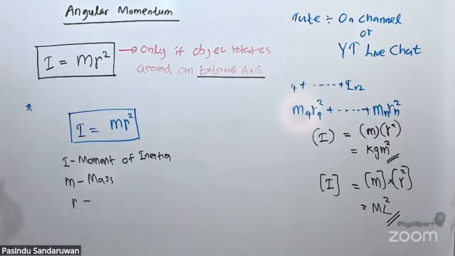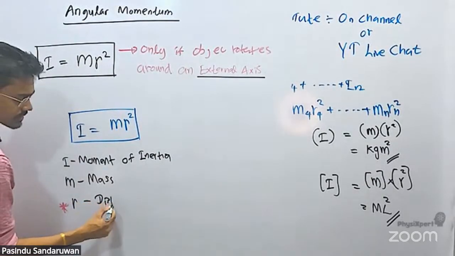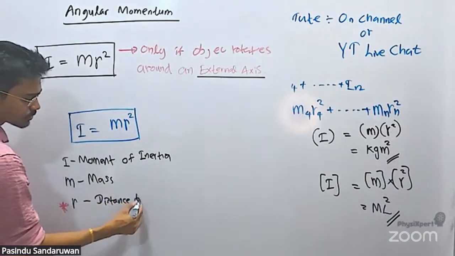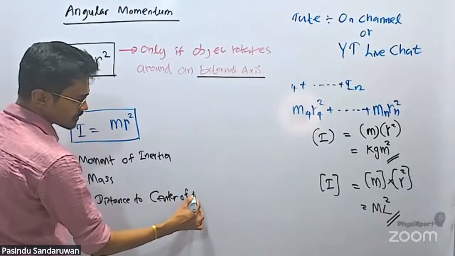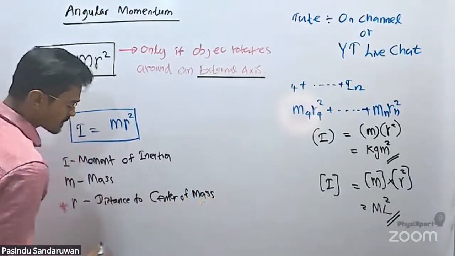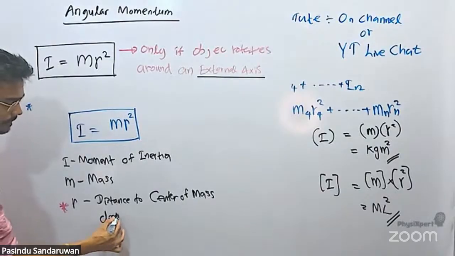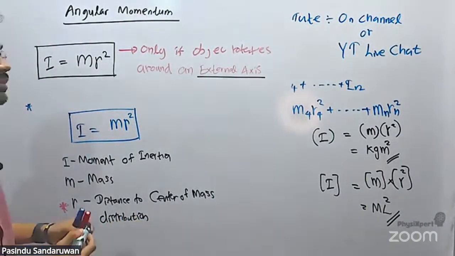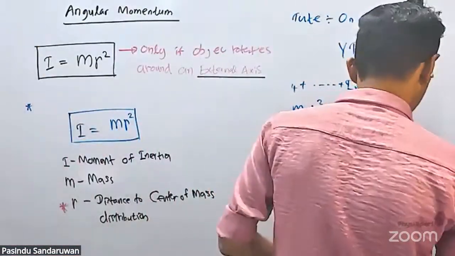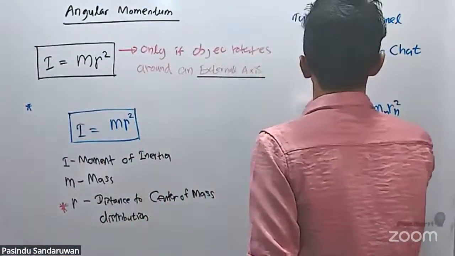R is the distance to the center of mass distribution. Take it down. I will explain an example here again.